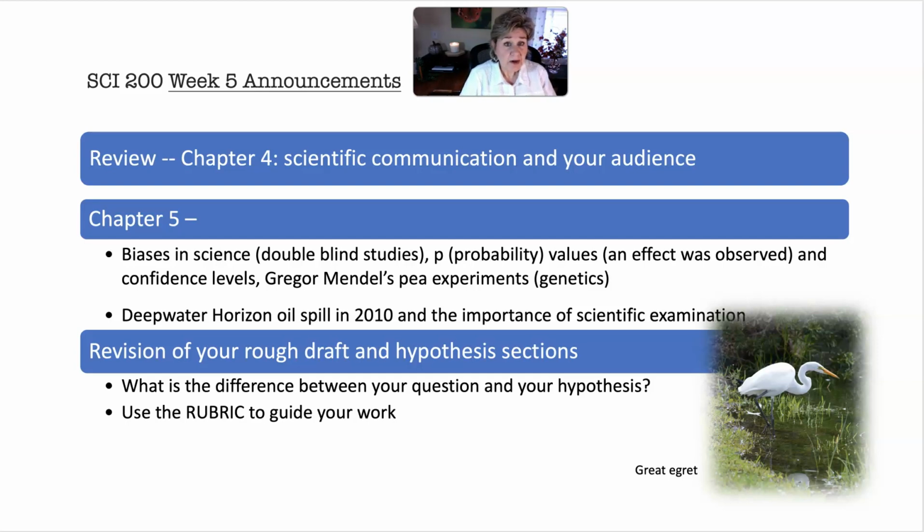So determining your audience is terribly important, and you had to do that for your project too. You decided which group of people you would be presenting to and then how you would tailor your presentation to that group. How much explaining you would have to do and how much you wouldn't have to do.